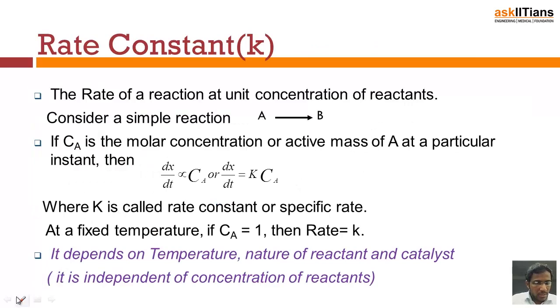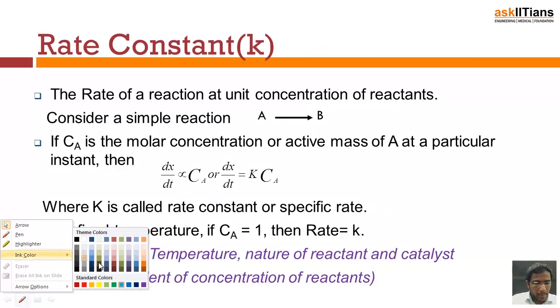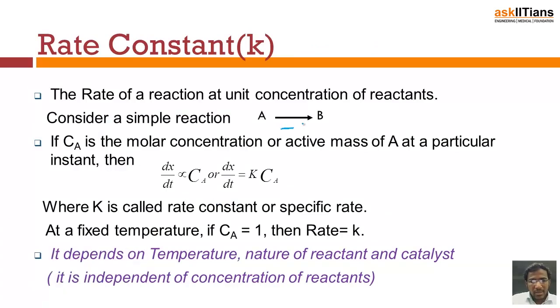Now let's see what a rate constant means. If you consider a simple reaction, and Ca is the molar concentration or active mass of A at a particular instant, then the rate can be expressed in this fashion. So here K is known as the rate constant or specific rate, which is defined as follows: when the concentration of the reactants is equal to 1, then the rate of reaction becomes the rate constant.